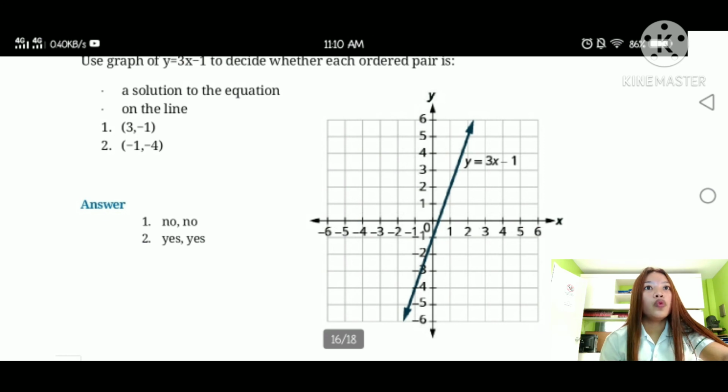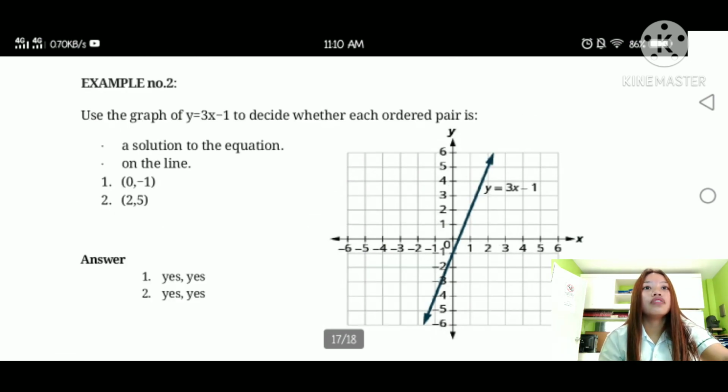And then on the y-axis, find negative 1, and you can put a dot. Next, on the x-axis, find negative 1, and then on the y-axis, find negative 4. You can put a dot again, and then you draw a vertical line. I have a lot of examples here, so you can also answer them.